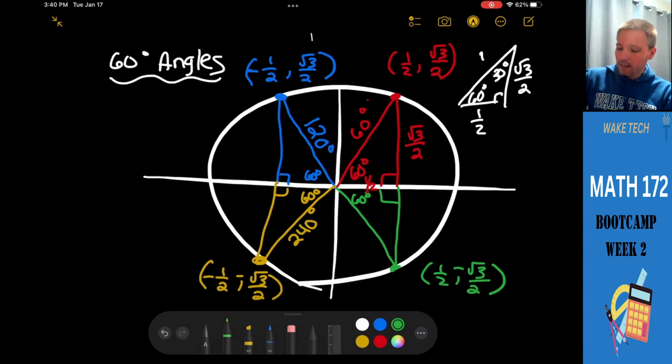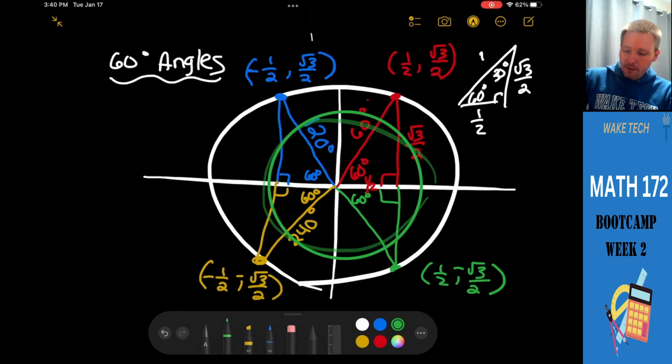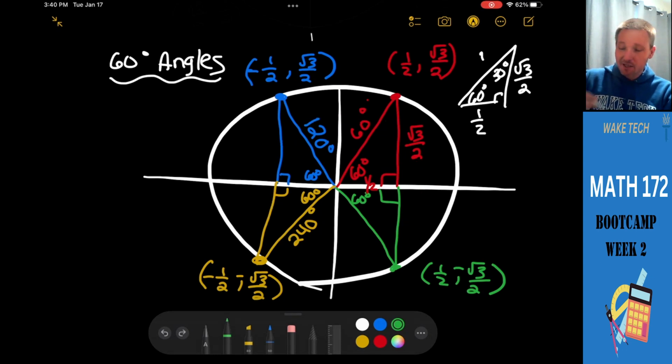For the green one, if we go all the way around a complete rotation, it's going to be 360 degrees. We didn't quite go that far. We stopped 60 degrees earlier. 360 minus 60 tells us this angle is 300 degrees. Questions about any of those angles or the ordered pairs?